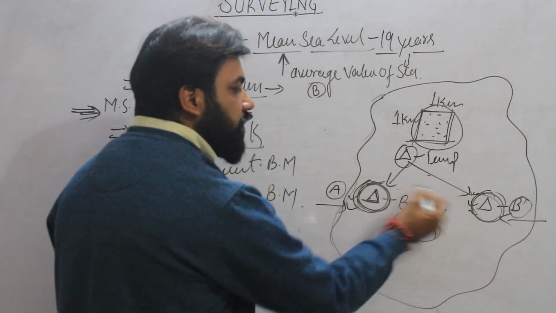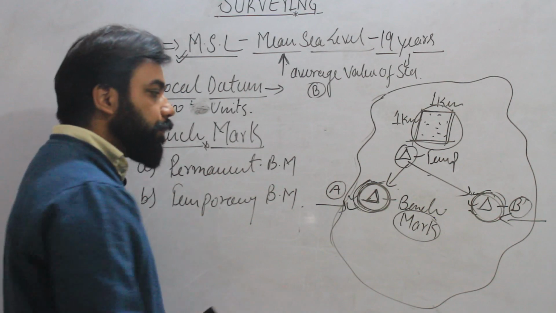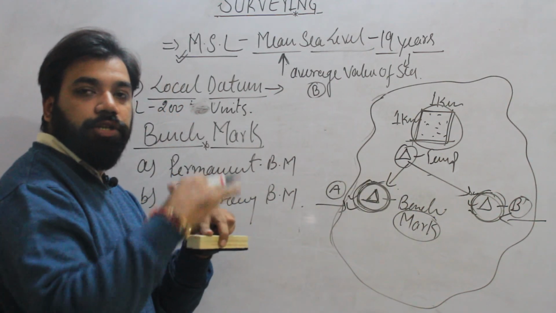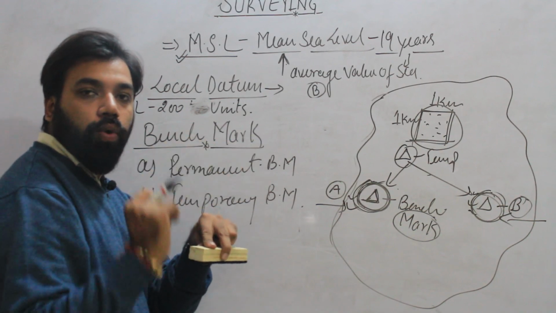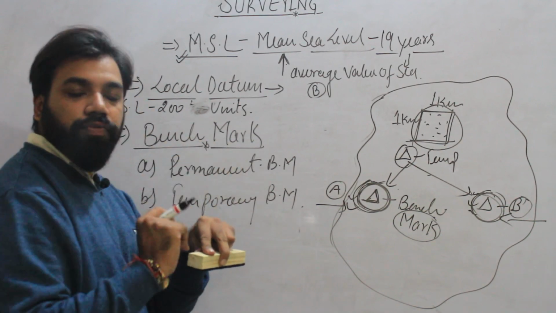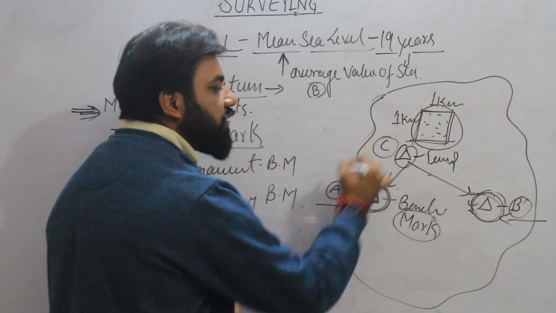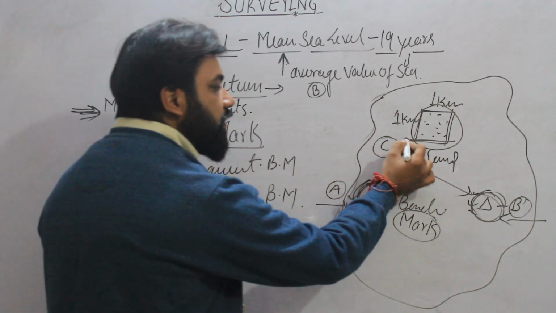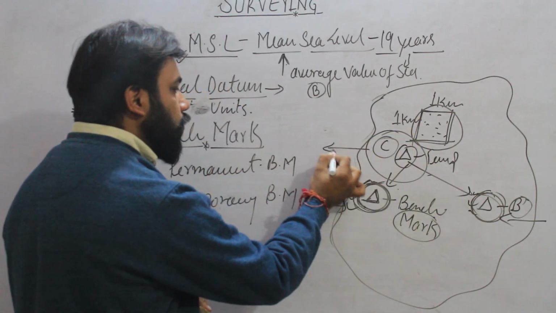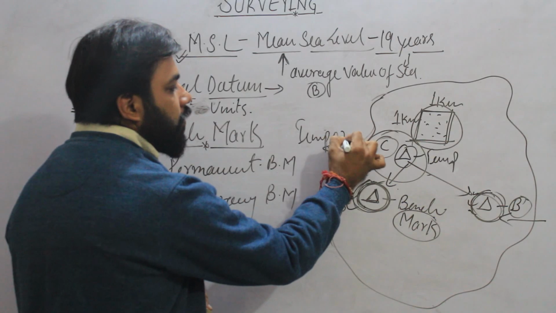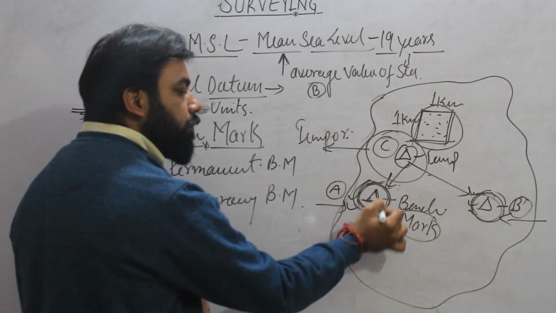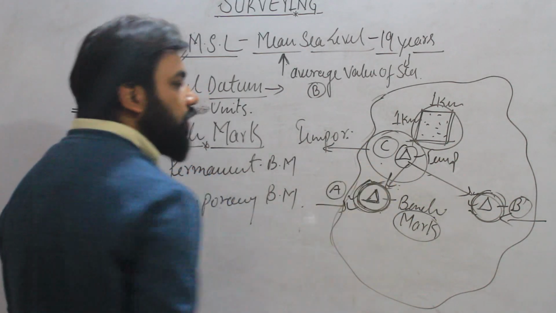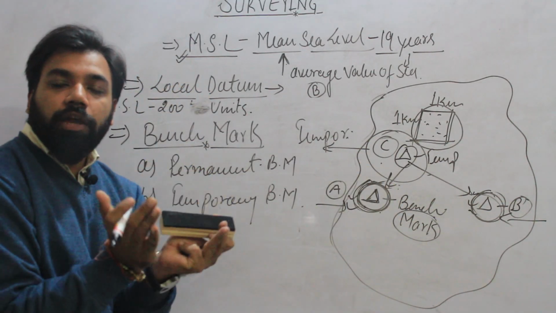Now with respect to these 2 points, for our survey area, we take the help of these 2 points to establish another local benchmark for our area of survey. Suppose we have established a point C with respect to the benchmark A. This benchmark C is referred to as a temporary benchmark because it is taken with reference to the permanent benchmark. Why is it taken?